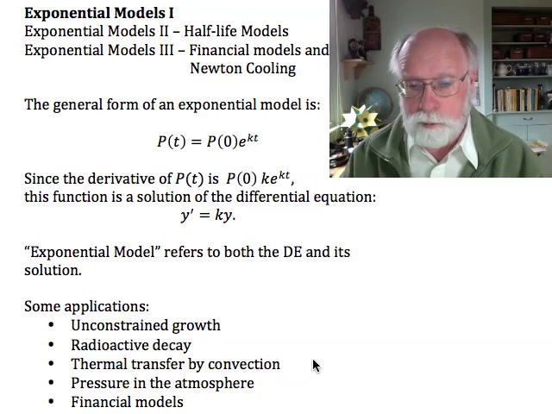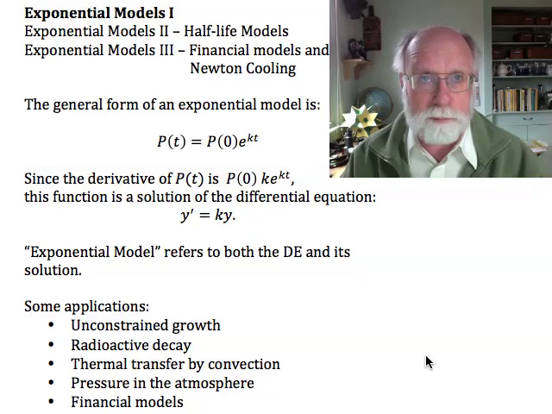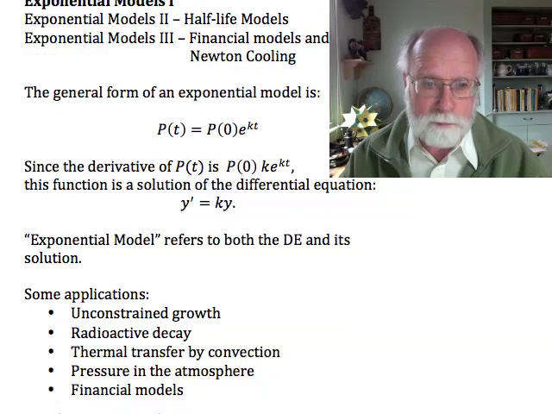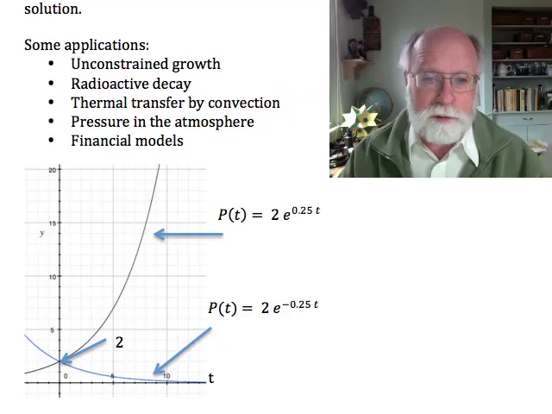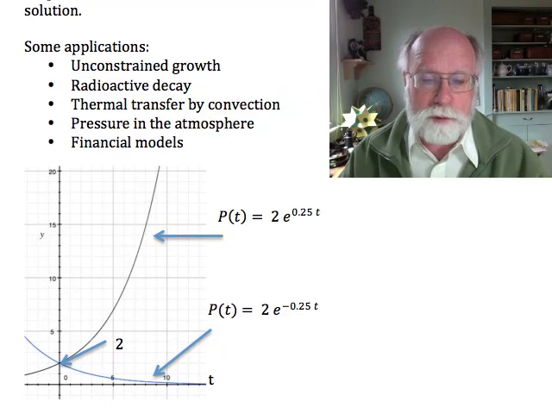That's what we mean by Newton cooling. Pressure in the atmosphere, for example. The amount of water which is held by a particular volume of air is an exponential model where the variable is the temperature of the air. And financial models. So there are lots of examples. Let's just now have a picture of what's going on.